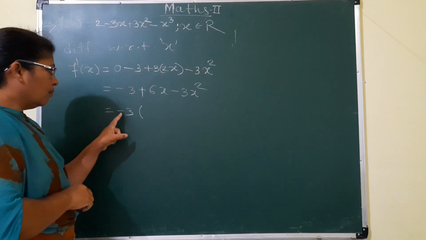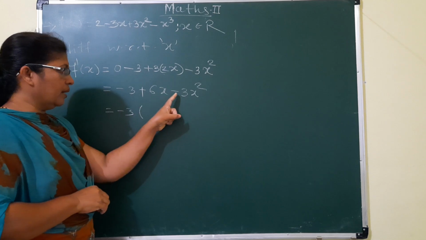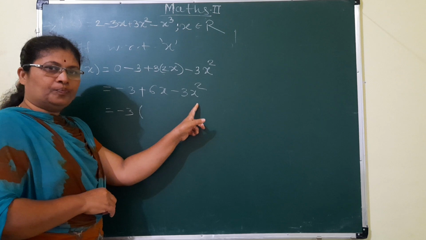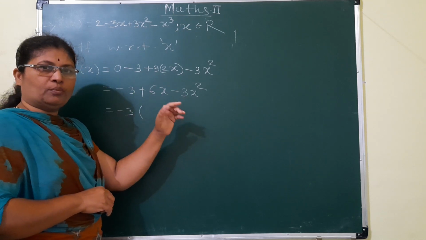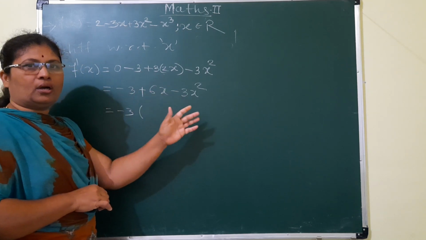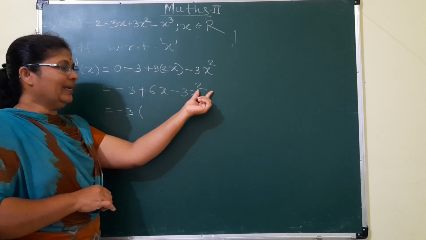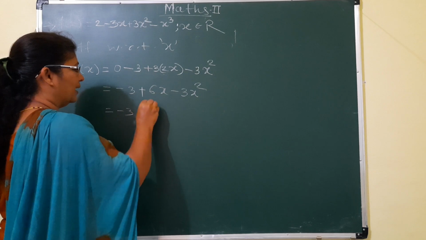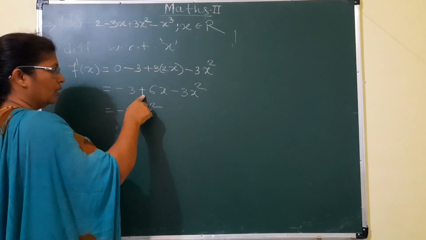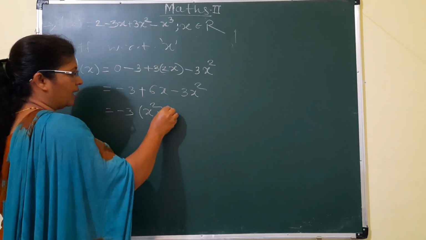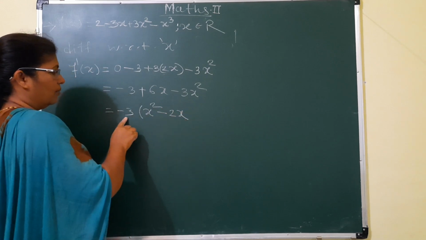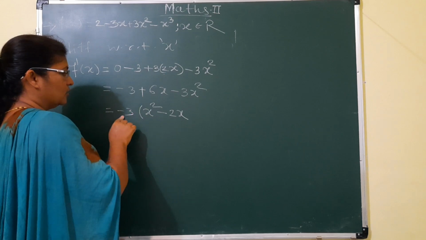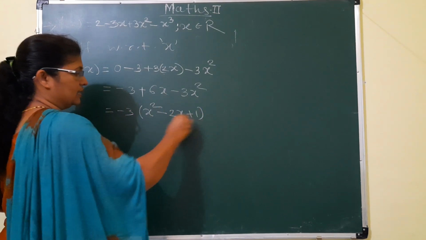Now look at this, minus 3 is taken outside, I will write this quadratic polynomial in the descending order of its power. First of all the term will be x square, minus 3 is out, plus 6 is there, so here it is minus 2 times x, minus 3 into minus 2, that is plus 6, and last one, minus 3 is outside, so plus 1 is there.